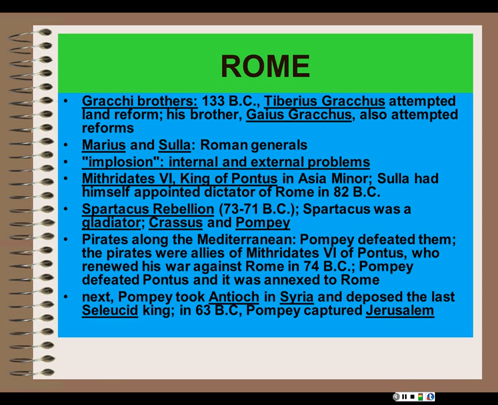So yes, there's some redistribution of income occurring here, but it's occurring at the price of violence and violation and destruction of the republic and the beginning of a dictatorship. Sulla actually retired in 79 BC, so for 3 years he was a dictator.